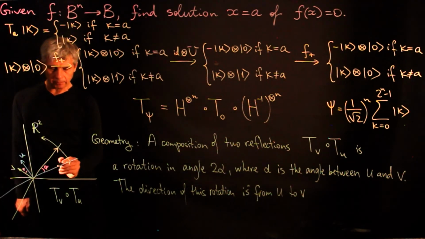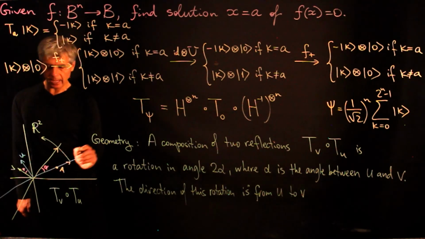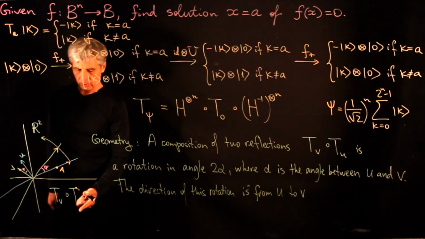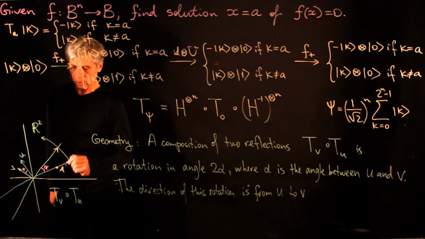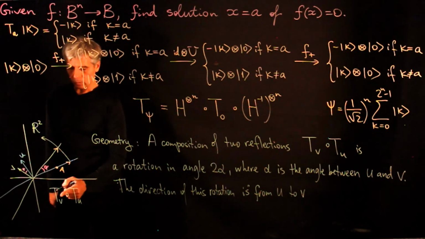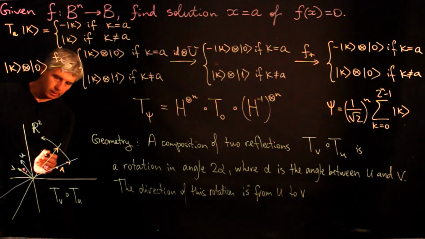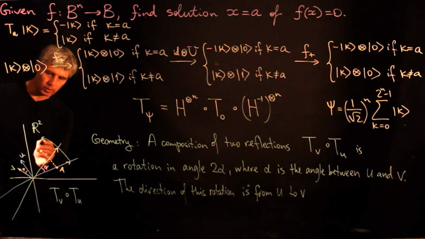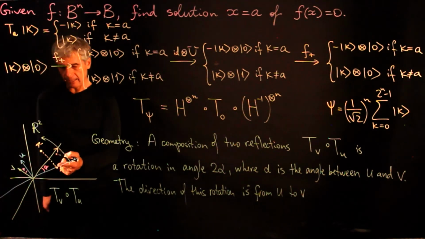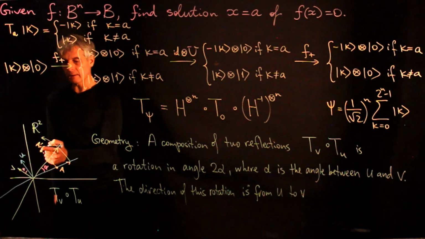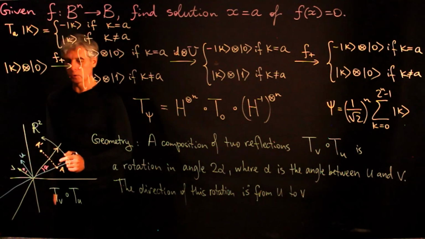If we take a point A on the line perpendicular to u, then when we reflect with respect to u, this point is not moved. And when we reflect it with respect to v, we get the point A prime. And we see that the point A is in fact rotated by the angle 2 alpha.